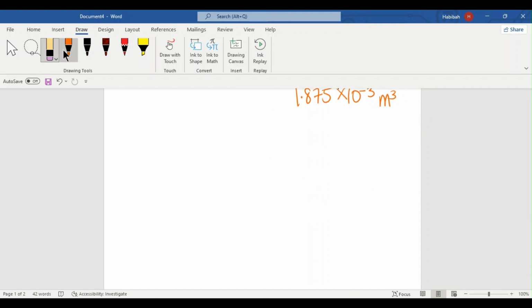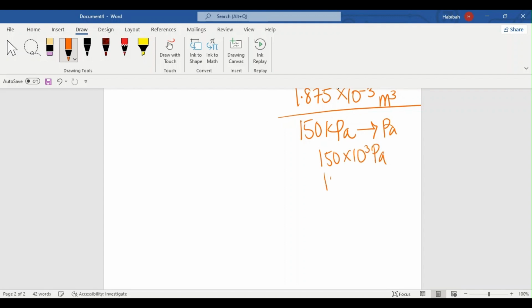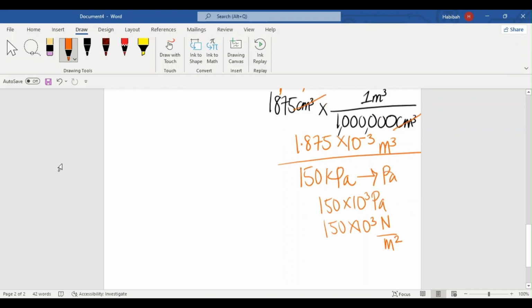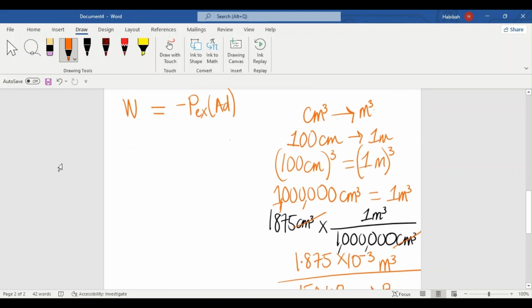Well, remember now that 150 kilopascal to Pascal is the same thing as saying 150 times 10 to the power 3 Pascal, or 150 times 10 to the power 3 Newton per meter squared, because Pascal is the same thing as Newton per meter squared. And we're just going to input all of that information in our equation on the left.